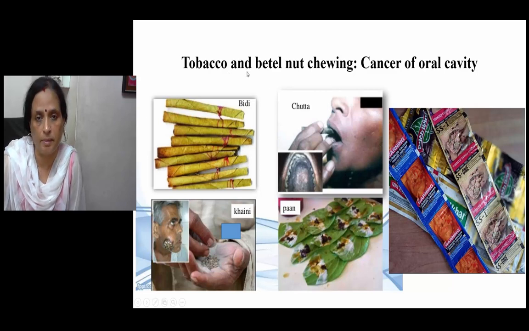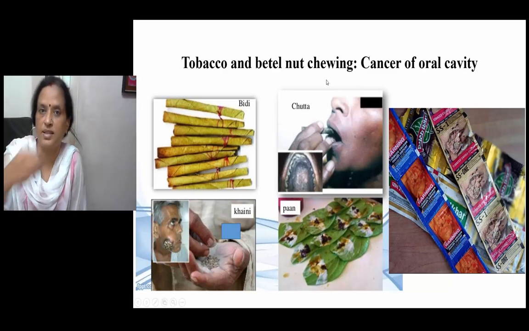This is a recap. Okay. Tobacco, betel nut, chewing. So tobacco, when we say tobacco, we know that smokeless tobacco also. Smoking is through BD, cigarettes, and what is this here? See, reverse chutta smoking.